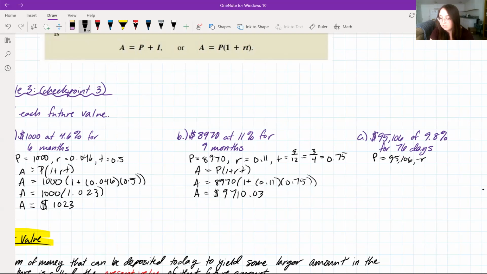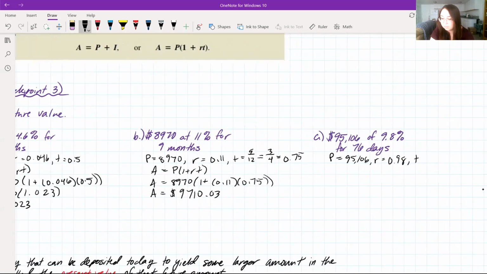Our rate, which is going to be 0.98. And our time is going to be 76 divided by 365. Since we now are thinking about days, there's 365 days in a year. So we take 76 divided by 365.